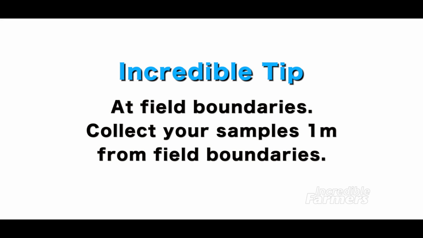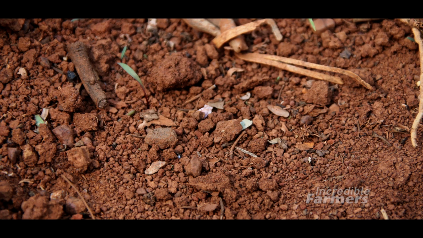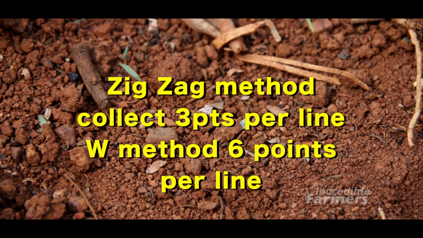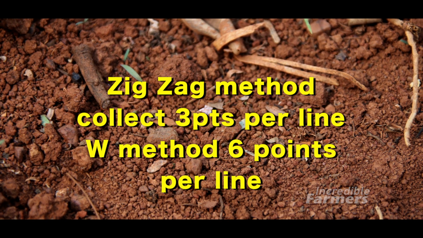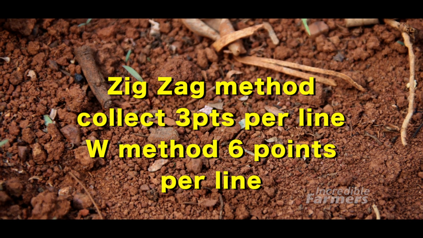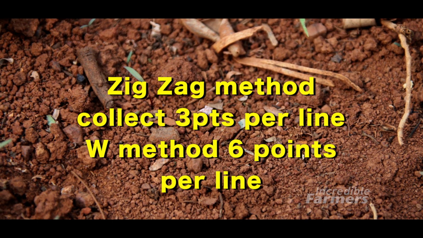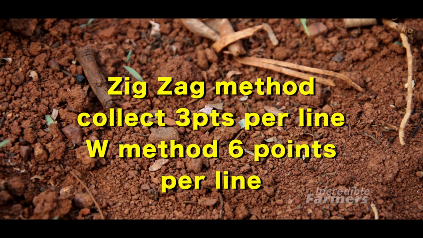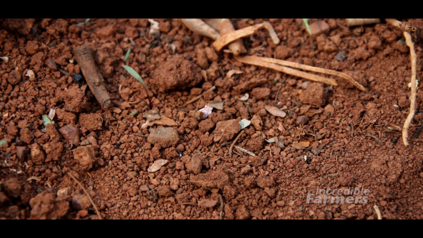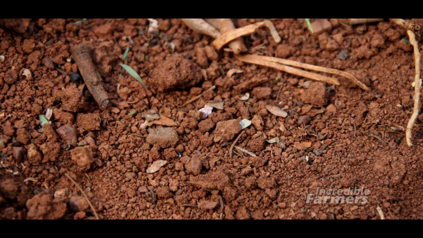Normally on the zigzag method, we sample 3 points per line. On the W method, we sample 6 points per line. For a field which has homogeneous soil, we normally apply the W method. But when there are several points which are different in the field, a zigzag method will be more appropriate.